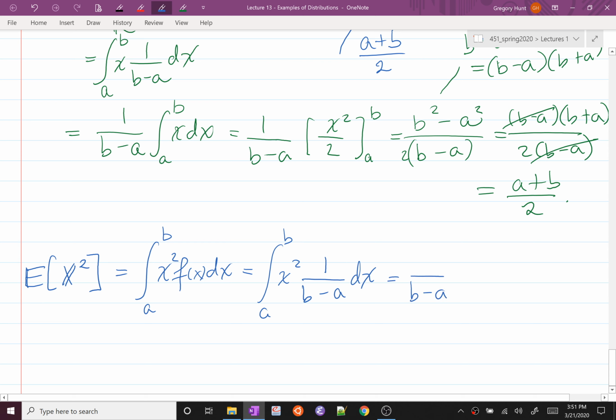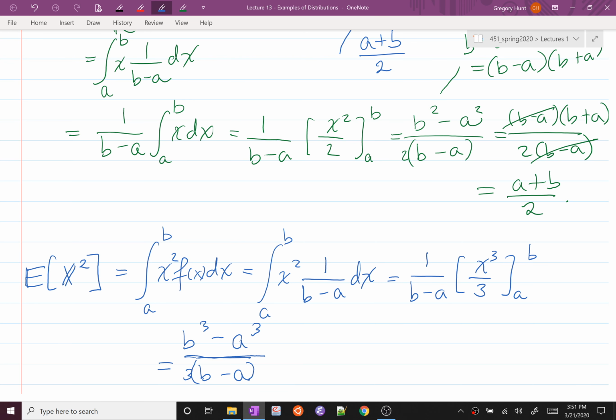Pull out the 1 over b minus a, and I get x cubed over 3 evaluated from a to b. That leaves me with b cubed minus a cubed over 3 times b minus a.